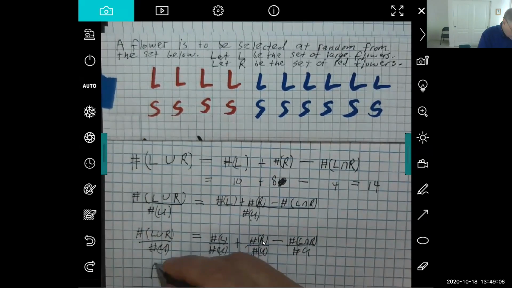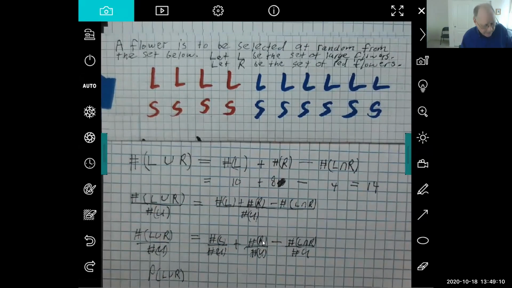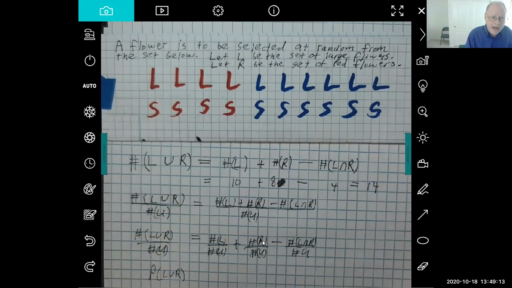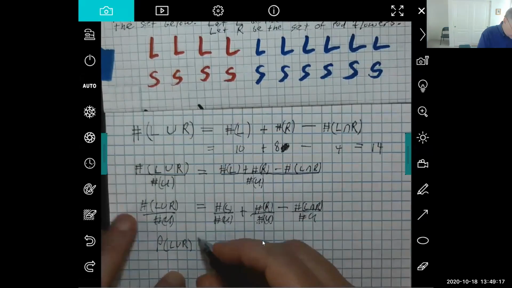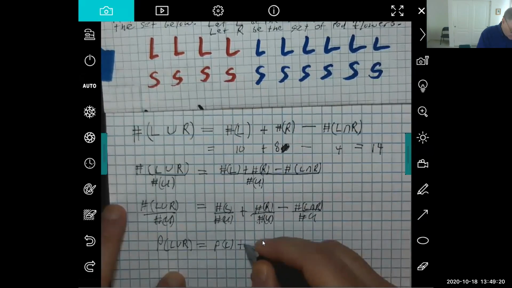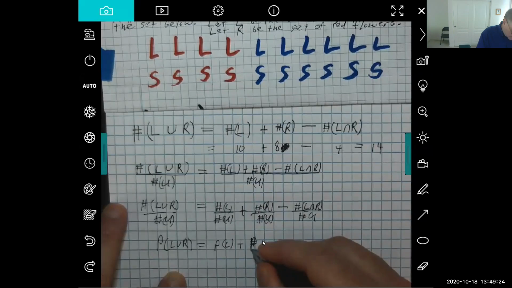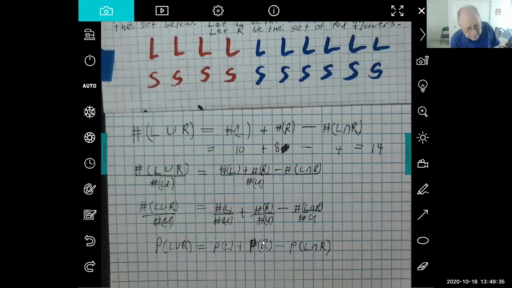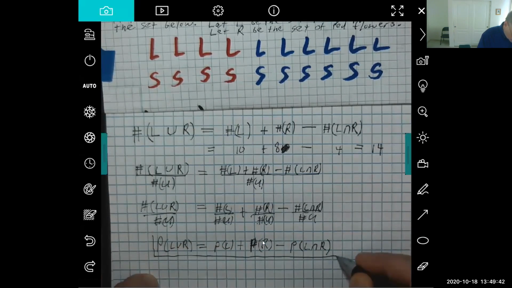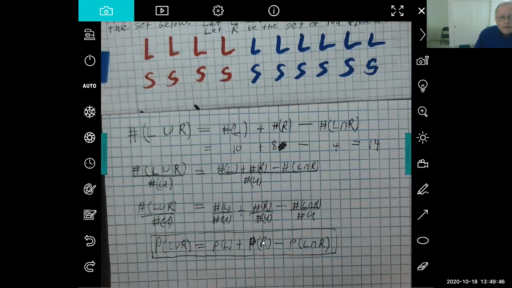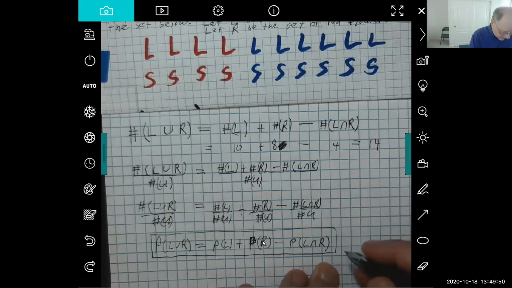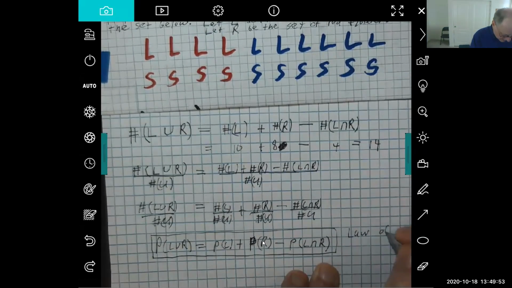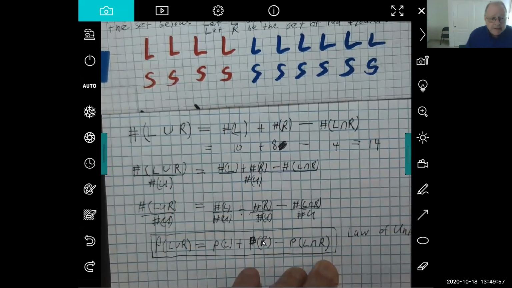So I get the probability of the union, the probability that L or R, is the probability of L plus the probability of R minus the probability of L and R. Now, that's called the law of unions.